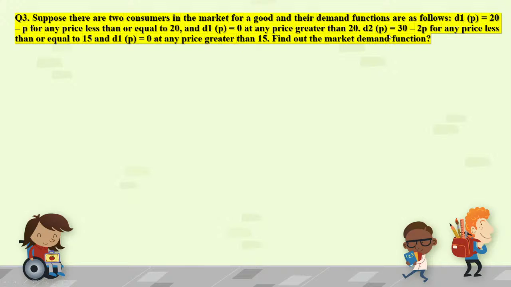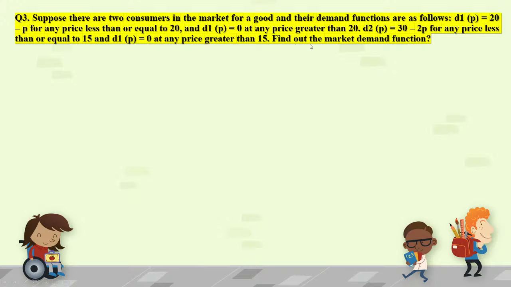Similarly, there is demand function 2, which is D2(P), equal to 30 minus 2P, for any price less than or equal to 15. D2(P) becomes 0 at any price greater than 15.